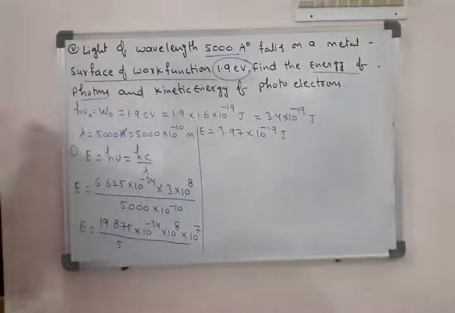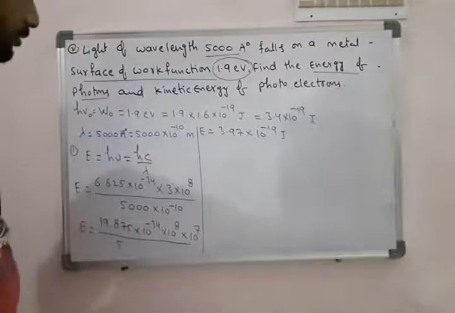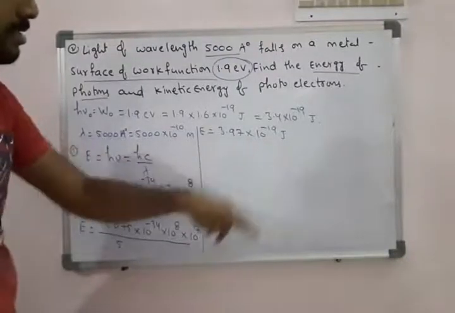So this is the energy of a photon. This is the energy of one photon, 3.97 into 10 to the power of minus 19 joules.